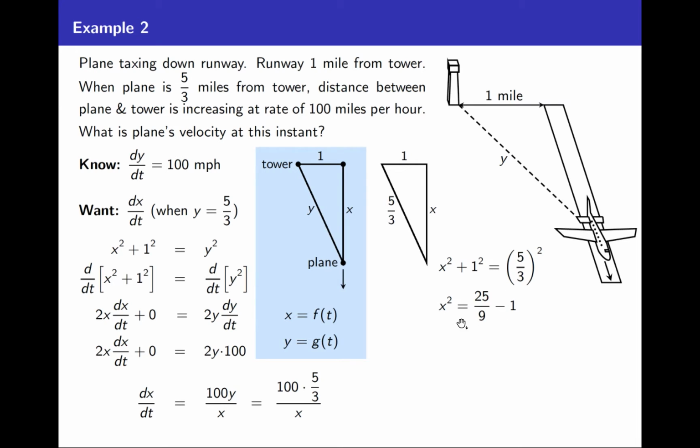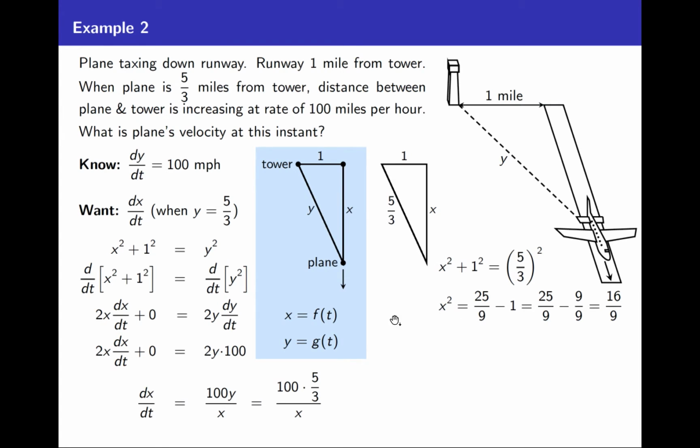Or rather, x squared equals 25/9 minus 1 when you begin to isolate x. Let's simplify that, getting a common denominator: that's 25 over 9 minus 9 over 9. So x squared is 16/9.